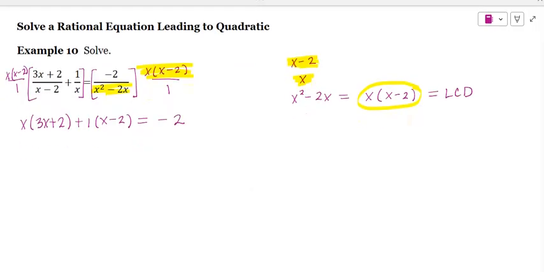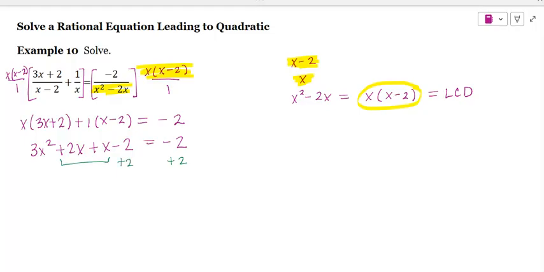All right, let's simplify this. We'll have a 3x squared plus 2x plus x minus 2 equals negative 2. Let's collect all the terms together. We'll combine these two together and let's add 2 to both sides.